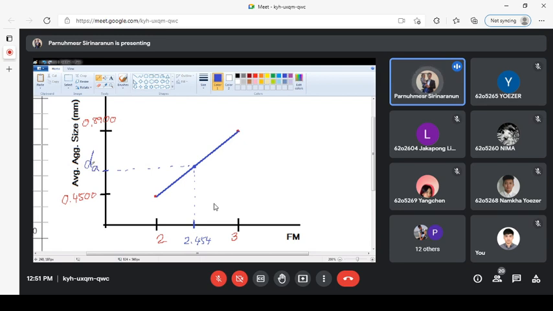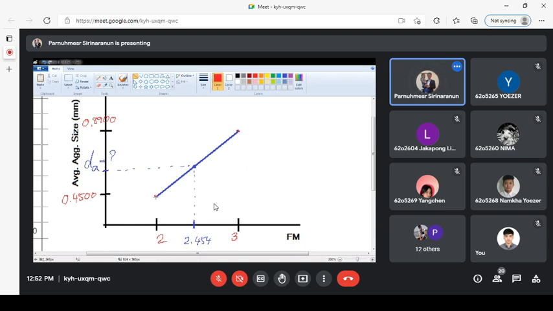Average aggregate size, this you must find. My name is DA, like the diameter of your aggregate. How to find this? By linear interpolation techniques.